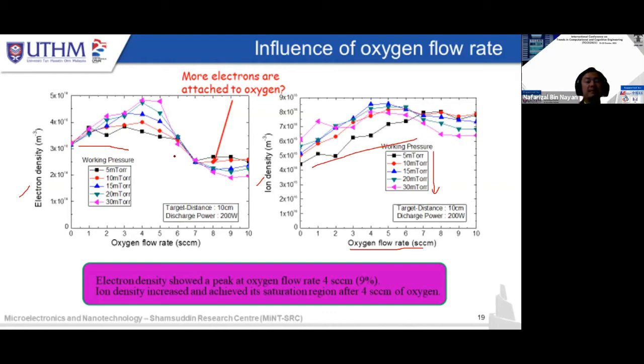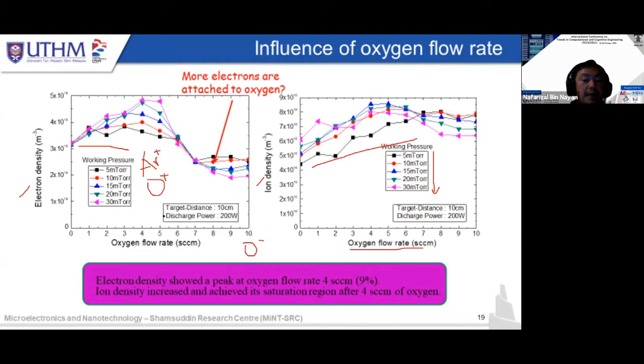So you have an optimum peak here. What is happening is that when we add more oxygen, some of the electrons attach to the oxygen, so it becomes negative oxygen, instead of creating a positive ion, where the argon ion is a positive argon ion.